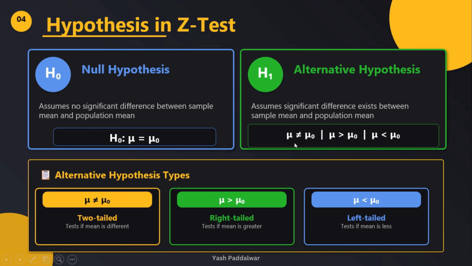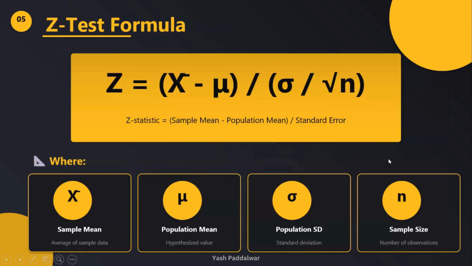It basically has three forms: first, that they are strictly not equal to each other; second, that your sample mean is greater than your population mean; or third, that your sample mean is lesser than your population mean. One of these three criteria will be satisfied in this particular case. So these are the two hypotheses in Z test.